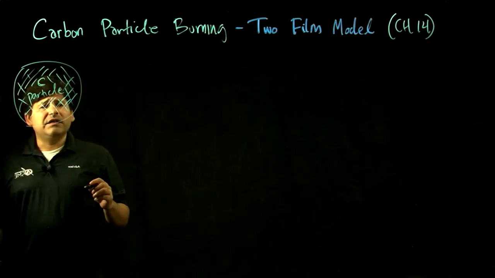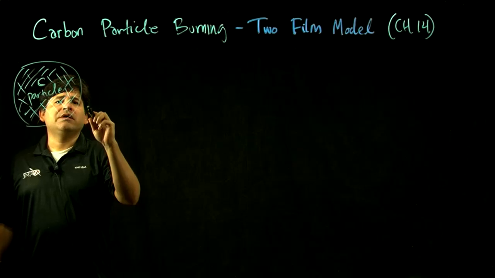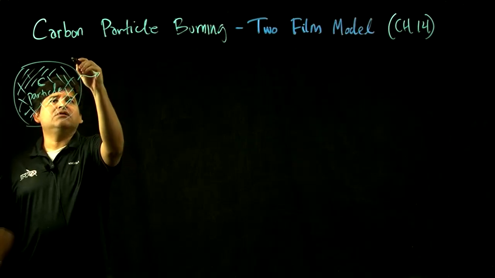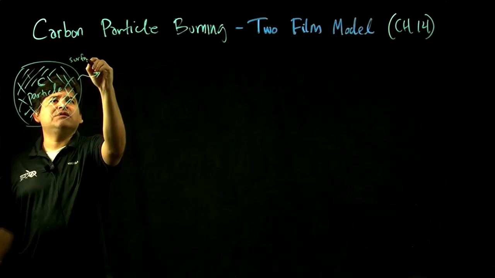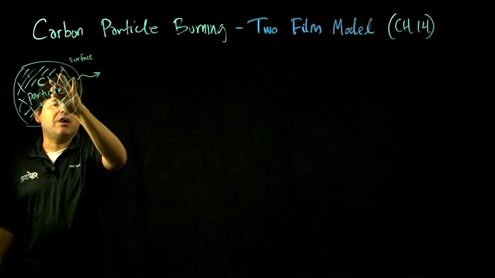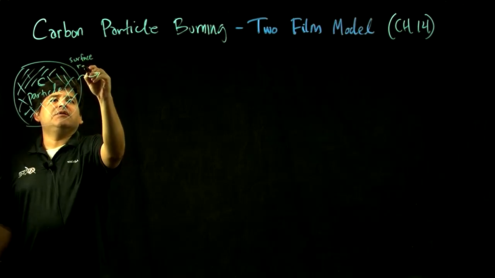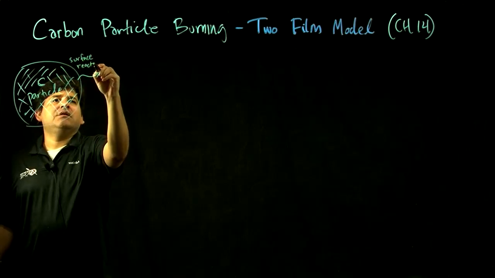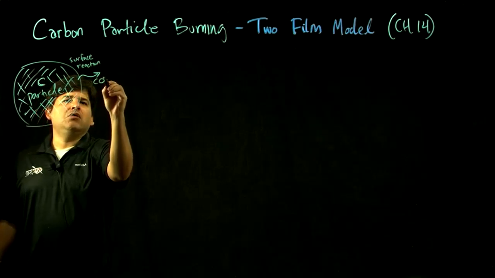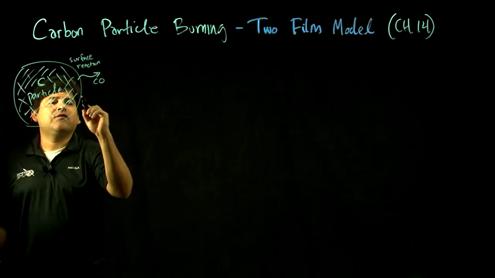So in this simple model for the two film, we're going to consider that there is a surface reaction. So instead of vaporization of a liquid droplet, it's going to be a surface reaction which results in the formation of CO, carbon monoxide, from the surface.